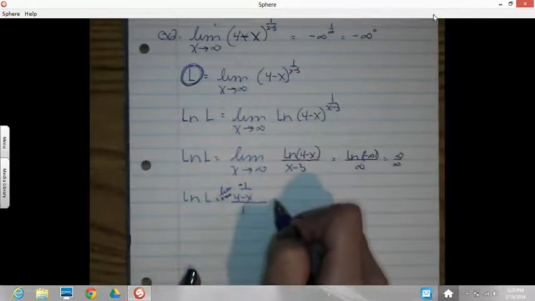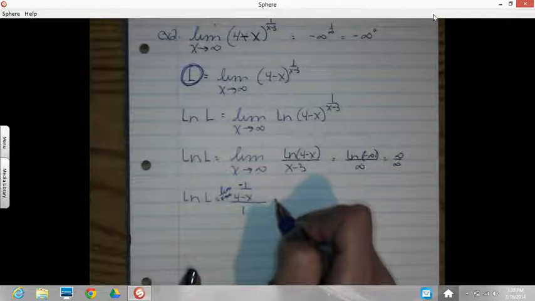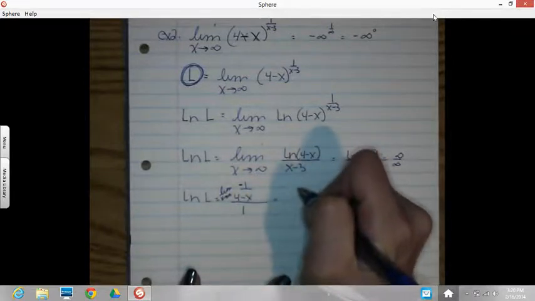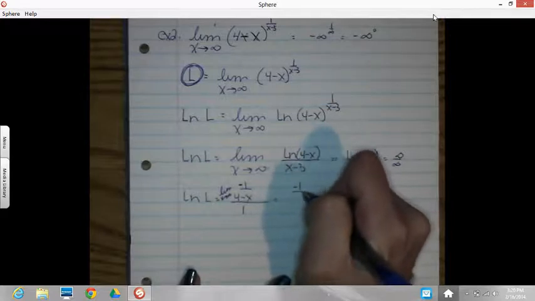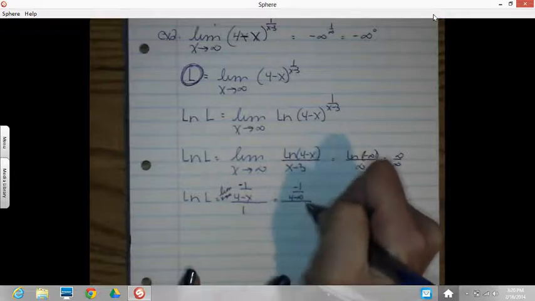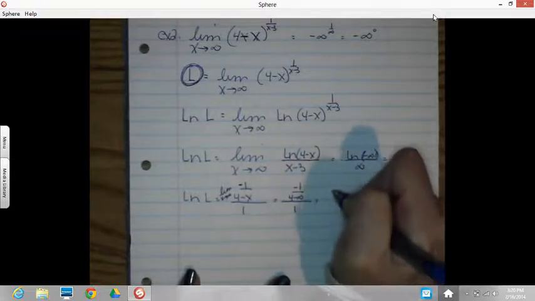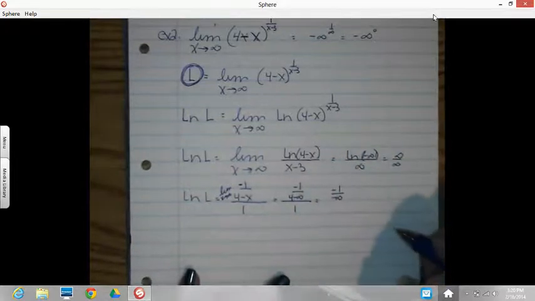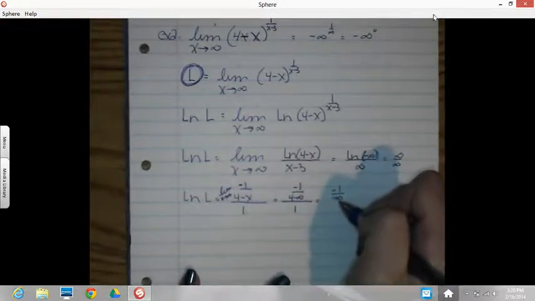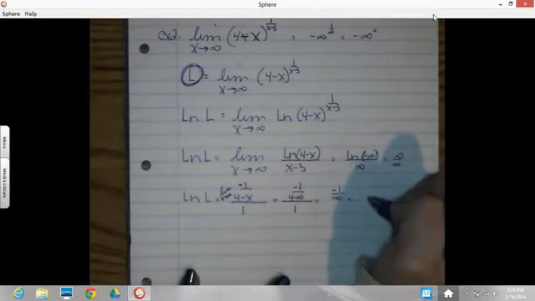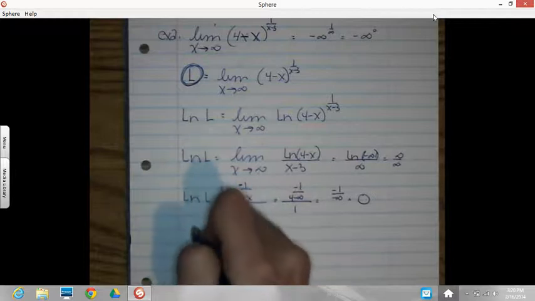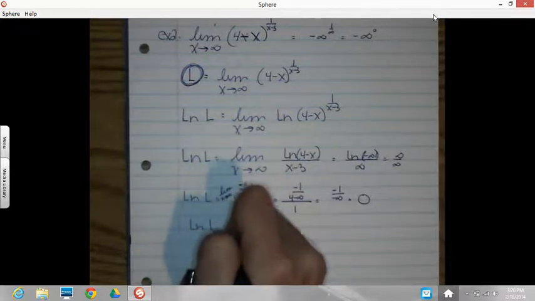Now when I put my infinity in there, I've got negative 1 over 4 minus infinity all over 1. Negative 1 divided by negative infinity. Something really, really big going in, a 0. So that means the natural log of L equals 0.